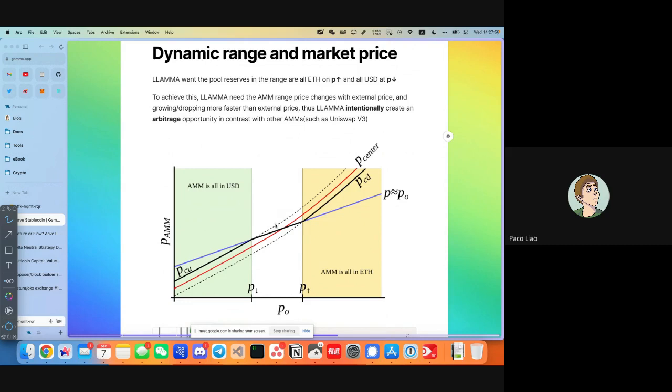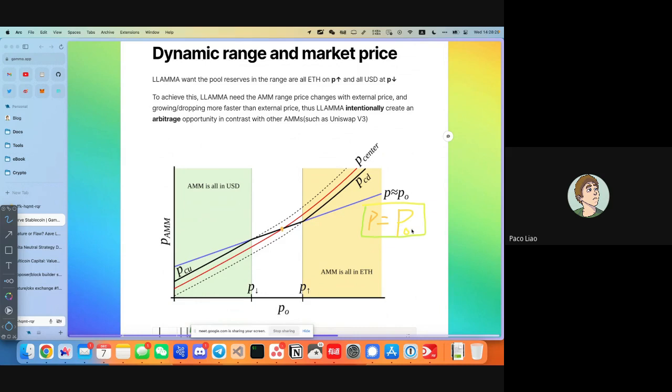And it's different from Uniswap because the Uniswap market price won't change. Let's say we started at this point. In Uniswap, in the beginning, the price equals the external price.